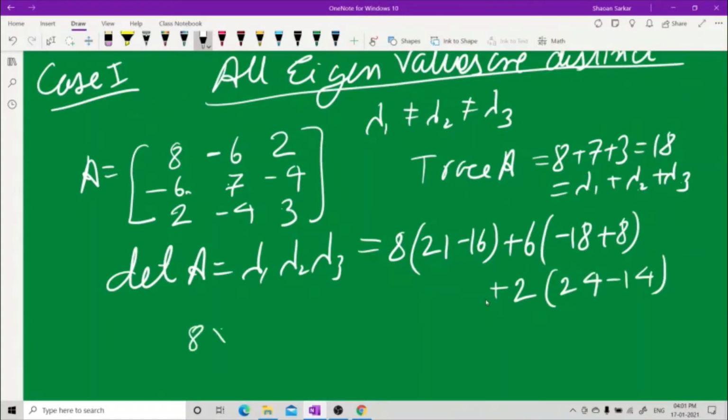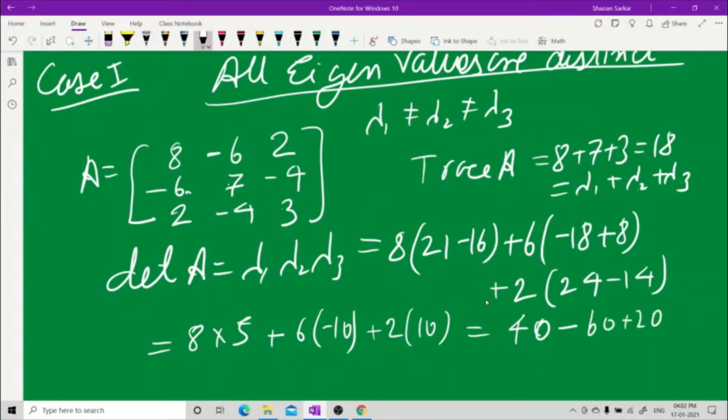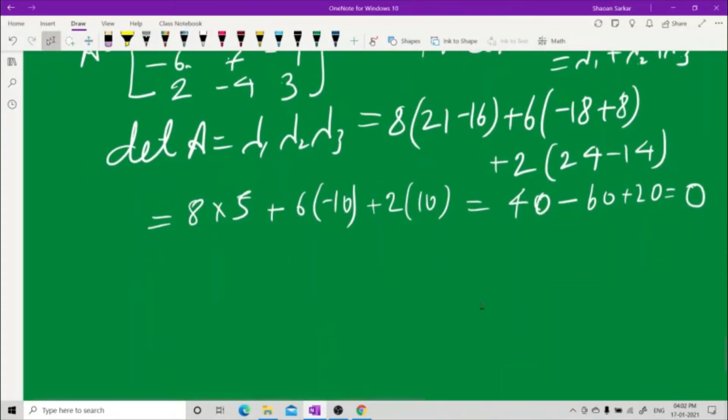This is 8 into 5, minus 6 into plus 6 into 10 minus 10 and then 2 into 10. This comes out to be 40, minus 10. Wait, let me write it properly. 40 plus minus 60 plus 20, you get a 0.